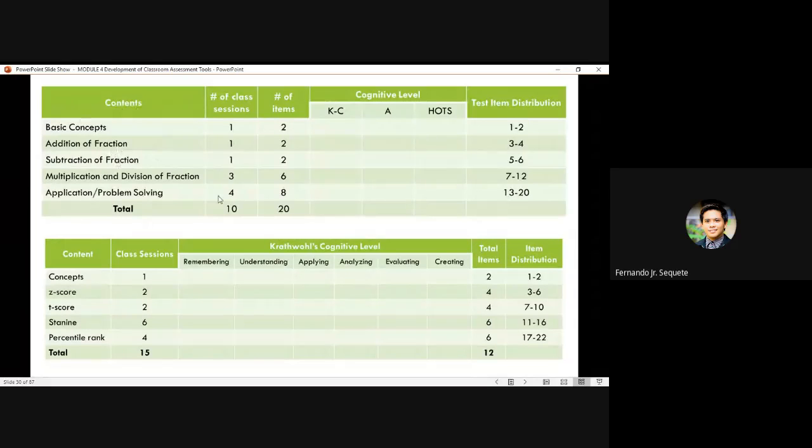Try to look, children, that right after writing your contents, you will notice that emphasis is given to the number of class sessions and number of test items. And please notice that the topic with the largest number of class sessions is also expected to have the highest number of items. Did you see?